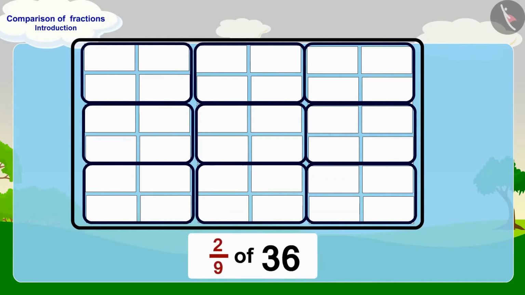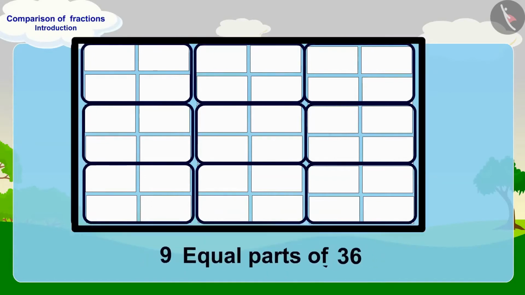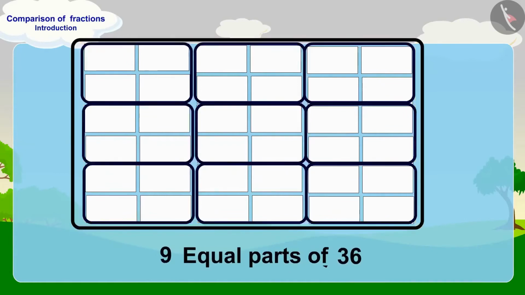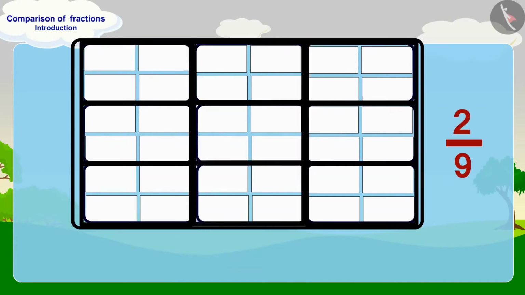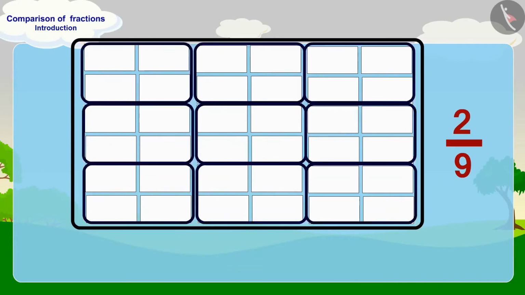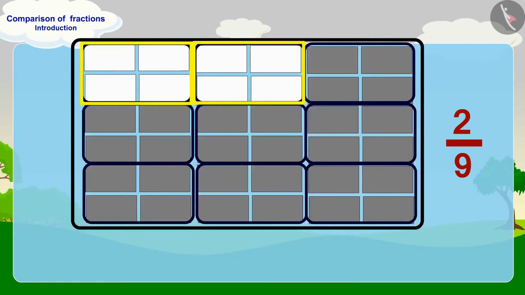For 2/9 of 36, we will divide 36 into 9 equal parts. In this way, each piece will have 4 pieces of paper. And in 2/9, we are taking 2 of these 9 equal parts.